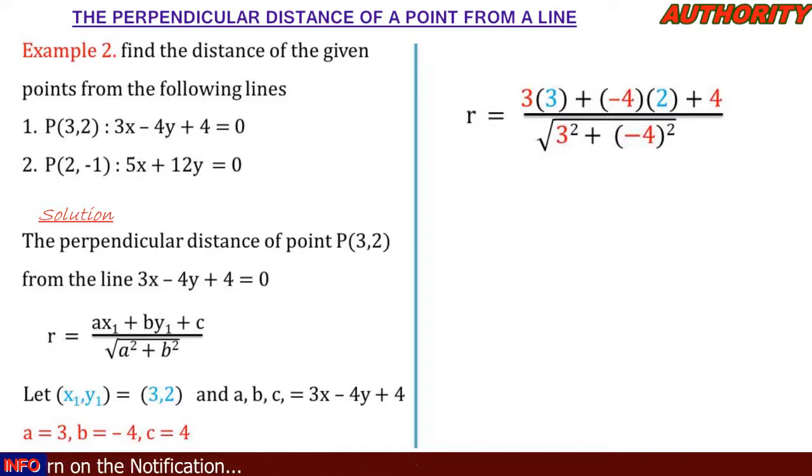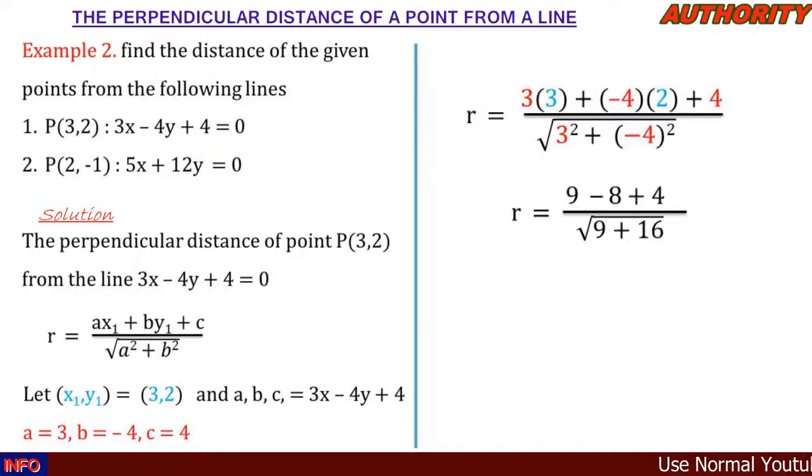So in our numerator we have 3 times 3 is equal to 9, then minus 4 times 2 is equal to minus 8, then we have plus 4, all over square root of 3 squared is equal to 9, and then minus 4 squared is equal to 16. So we have square root of 9 plus 16.